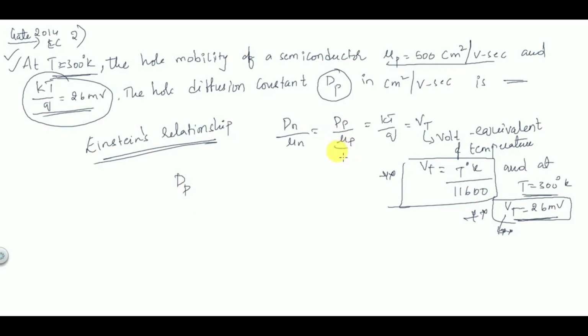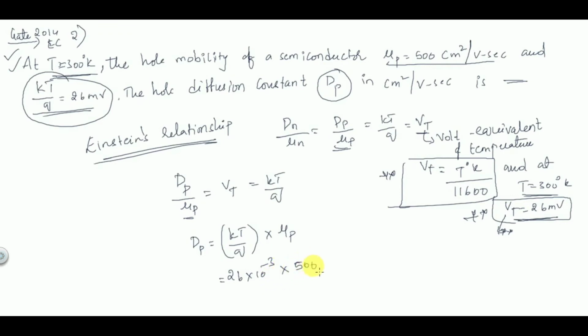Dp by mu p is equal to Vt, and Vt is equal to kT by Q, right? So Dp is kT by Q multiplied by mu p. Send this mu p to this side, so it will be multiplied. What is kT by Q given? 26 into 10 to the power of minus 3, into what is mu p given?